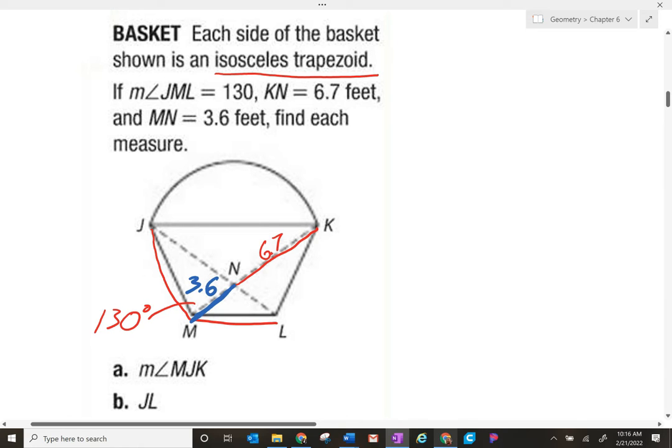Okay. Because of that, it gives us all the information that we need. So this angle is going to be 130, based on that picture I had before. This angle over here will be 130. This whole entire line segment is going to equal this whole entire line segment. So if I look for this one to start with, angle MJK.